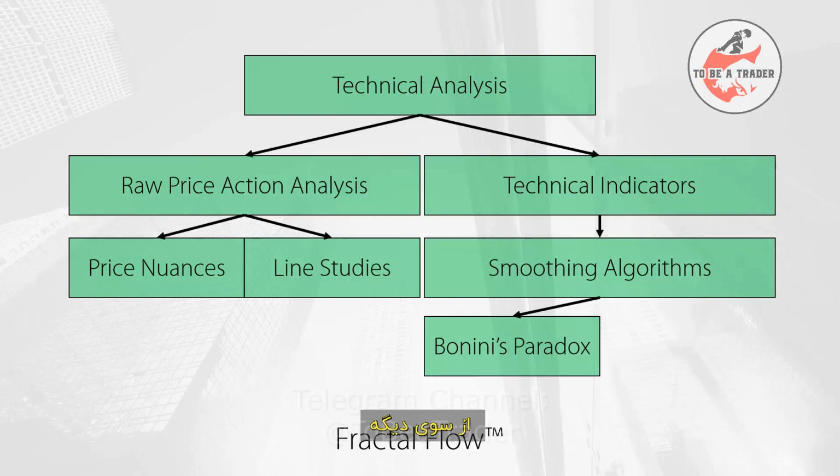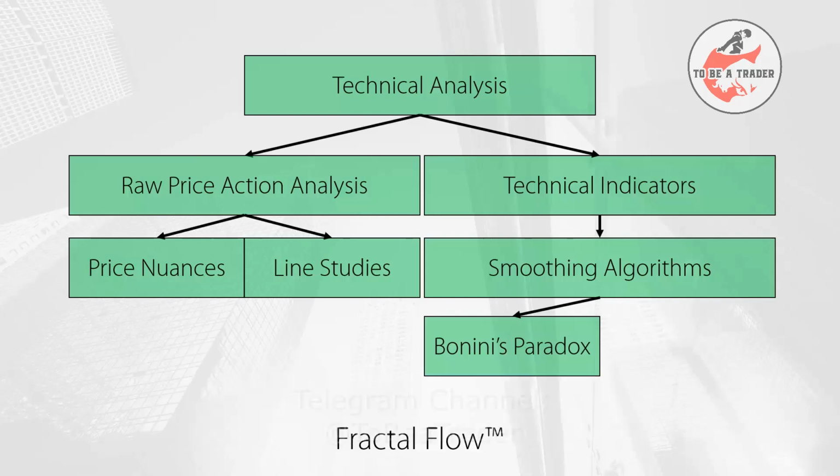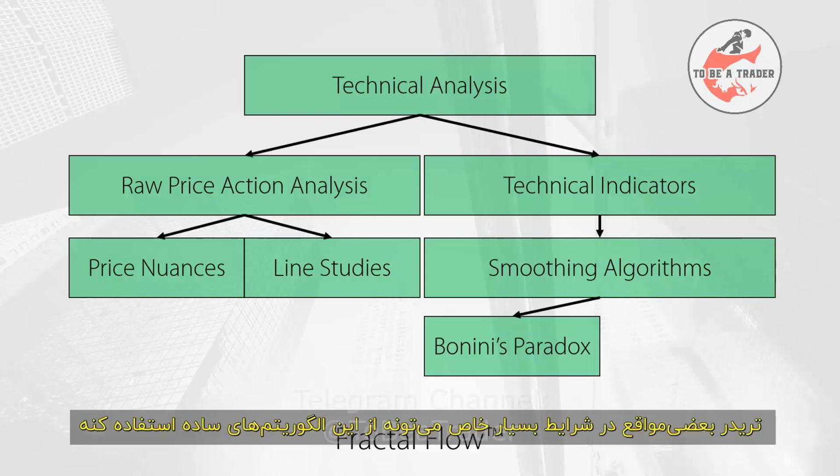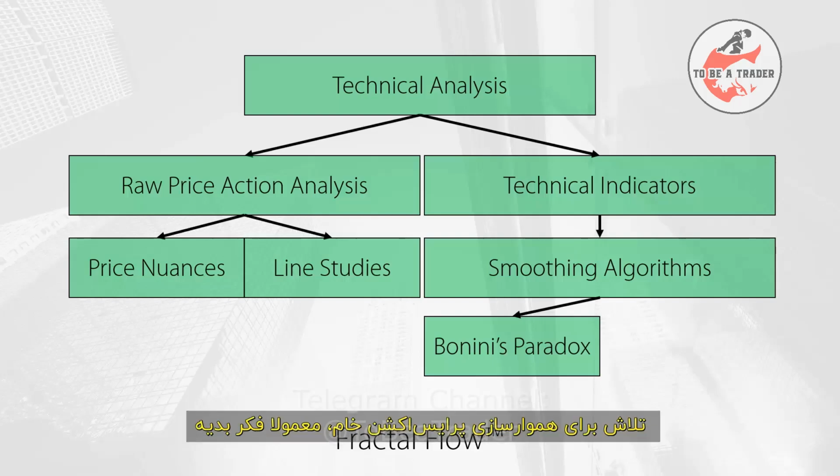On the other hand, since the markets are complex, and many traders have learned to look at moving averages and respect their role in the markets, a trader sometimes can use these simple algorithms in very specific situations. The point I'm trying to make here is that from a theoretical point of view, trying to smooth raw price action is usually a bad idea because we tend to lose useful information in that way.